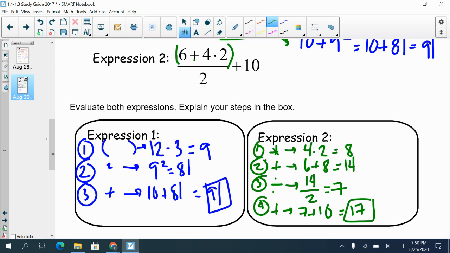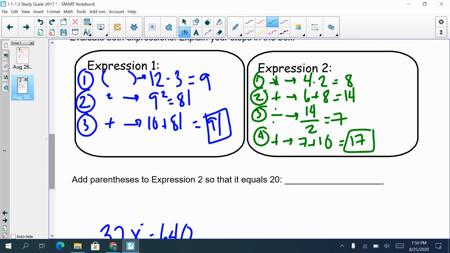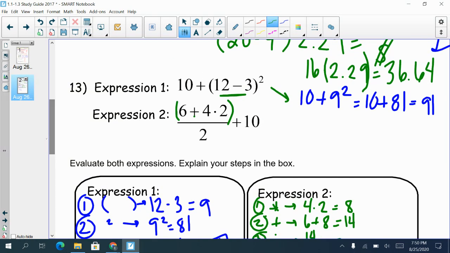All right, last one, which I think is kind of fun because it's like a puzzle. Add parentheses to expression 2 so that it equals 20. So how I kind of thought about this was we already had this plus 10. So somehow I needed to get this guy to equal 10.